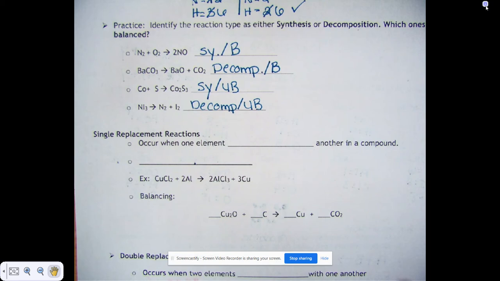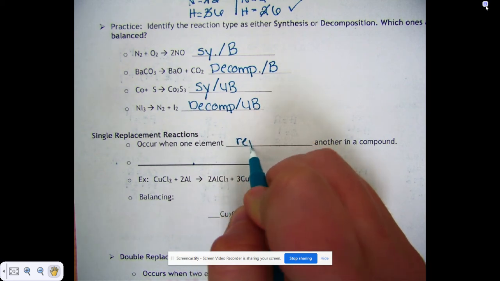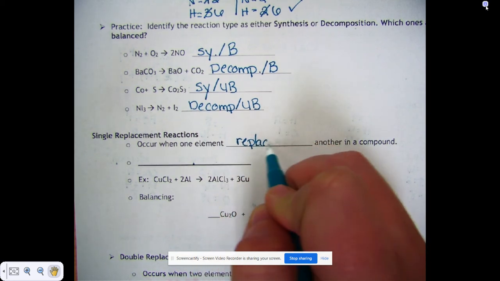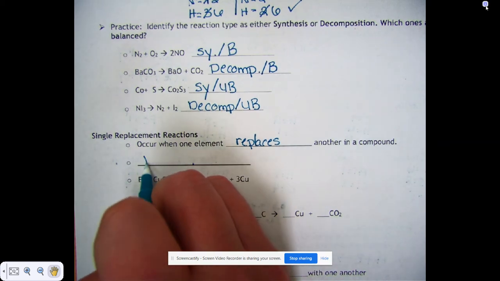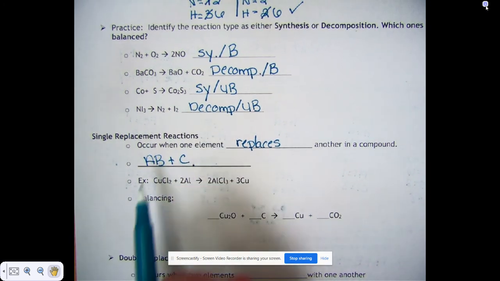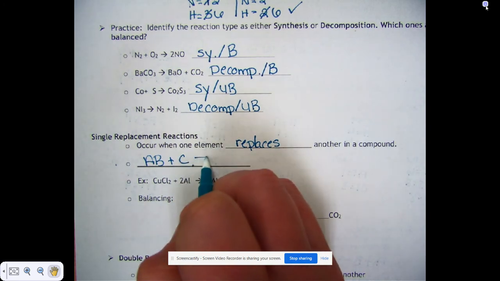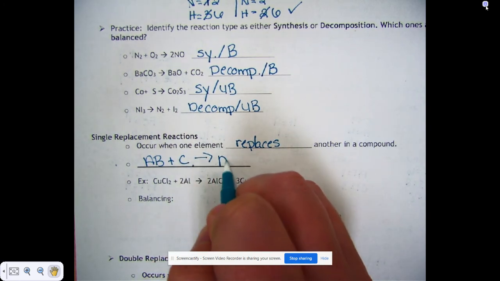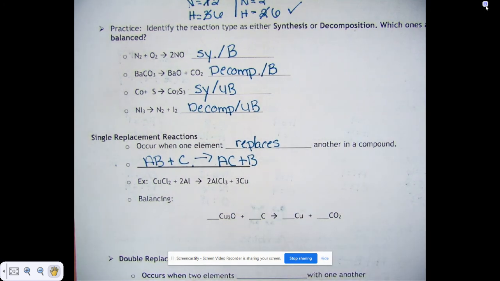When 1 thing, because that's what single means, when 1 element replaces another in a compound. And so what this looks like is I have A, B plus C. So 1 thing bonded plus a loner over here. And that's going to give me A, C plus B.